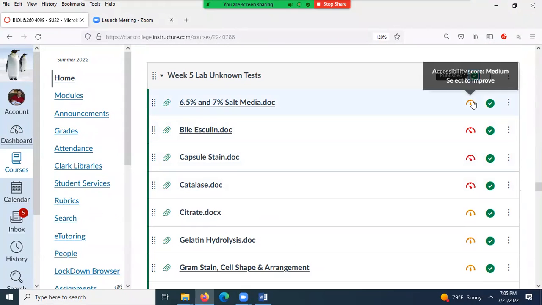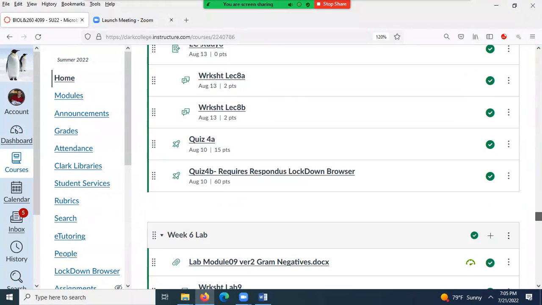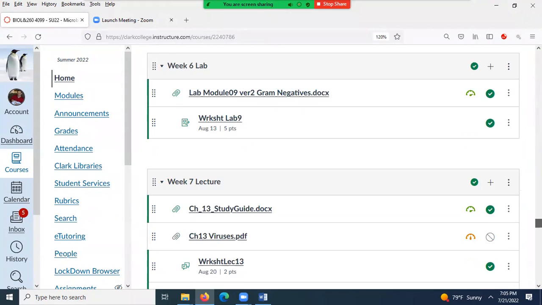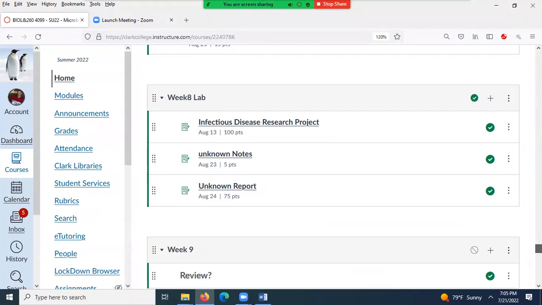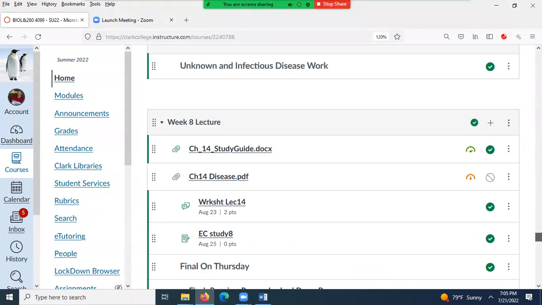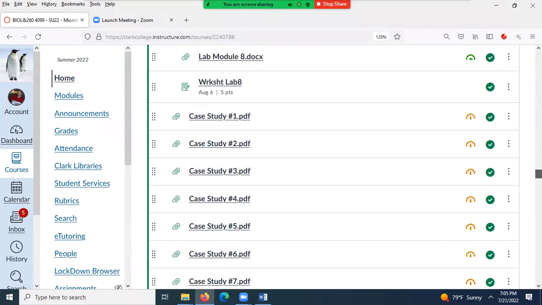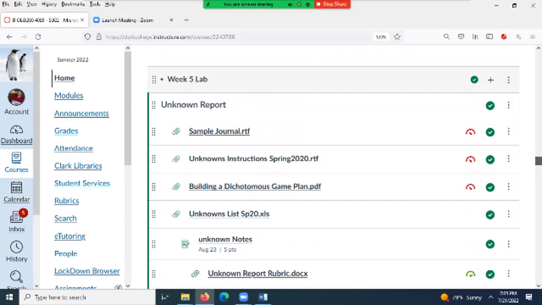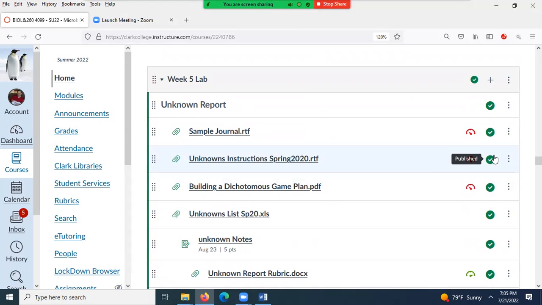We'll need that, not for this week, but for next week. I think everything else is turned on. And we're not using week 9. Oh, that's the journal. Here it is right here, the unknown project instructions.